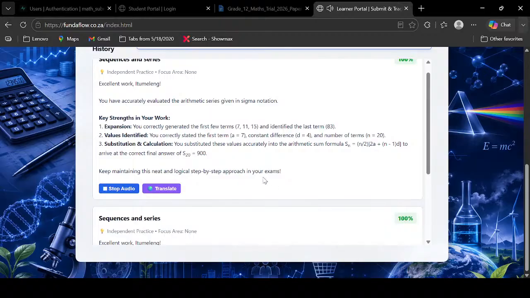Substitution and calculation. You substituted these values accurately into the arithmetic sum formula Sn equals n/2 (2a plus (n minus 1)d) to arrive at the correct final answer of S20 equals 900. Keep maintaining this neat and logical step-by-step approach in your exams.